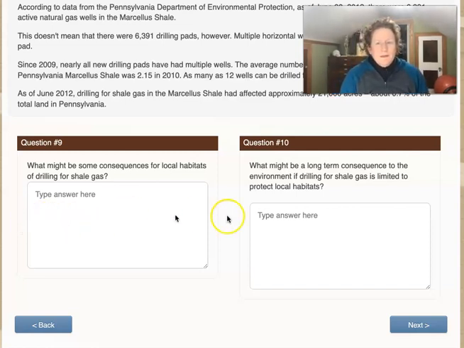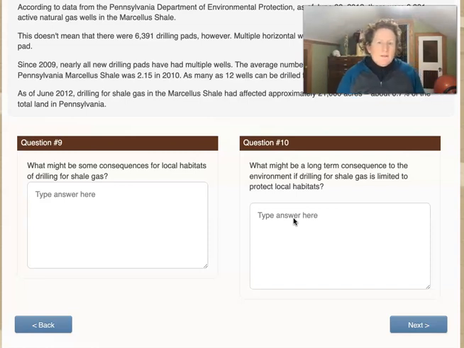On the other hand, what is a long-term consequence to the environment if drilling for shale gas is limited to protect local habitats? Well, limiting natural gas, burning it, would limit the amount of carbon dioxide released, which would certainly help everyone, every local habitat.